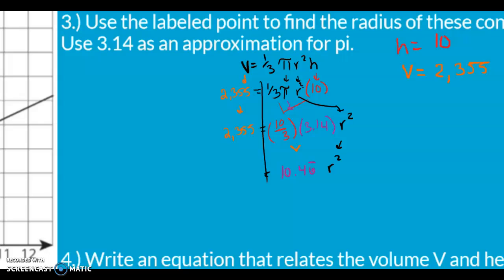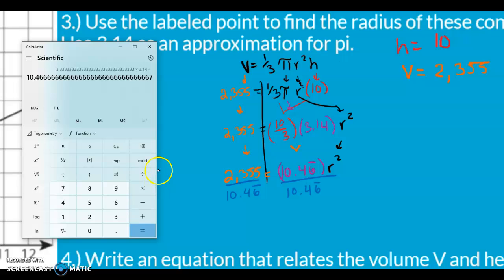If I bring everything else down, now remember, these are right next to each other. They're multiplied together. In order to get r by itself, I actually have to divide 10.46666 repeating from both sides.